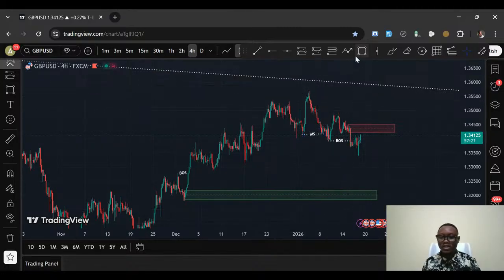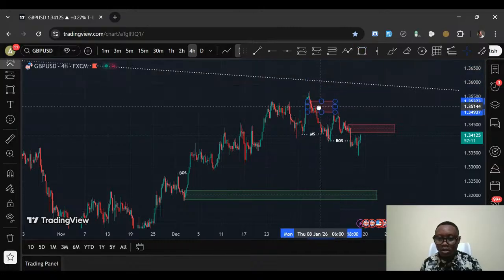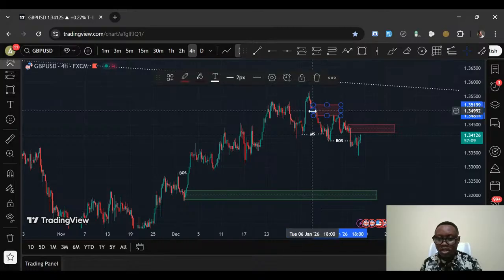And if you look at this, this is the origin that led to that shift, this order block zone. Let me mark it out. This is the order block zone that led to the market shift, this one right here.